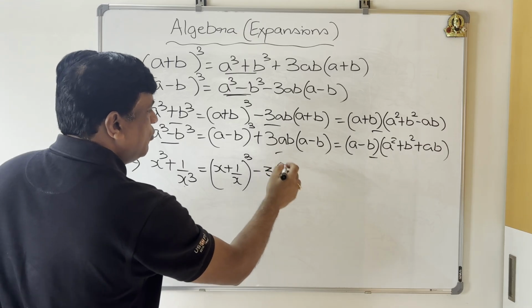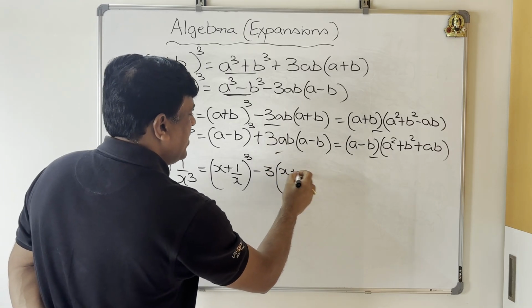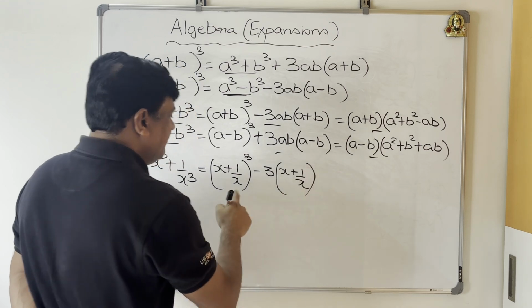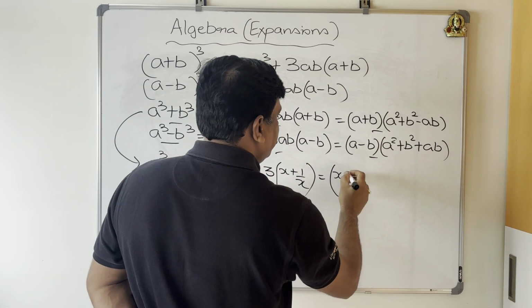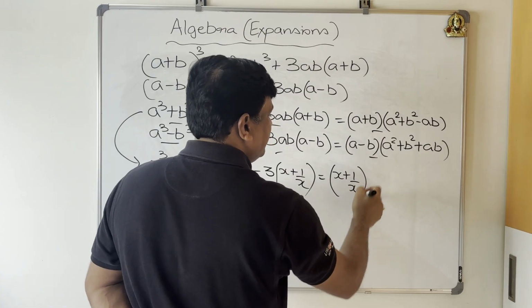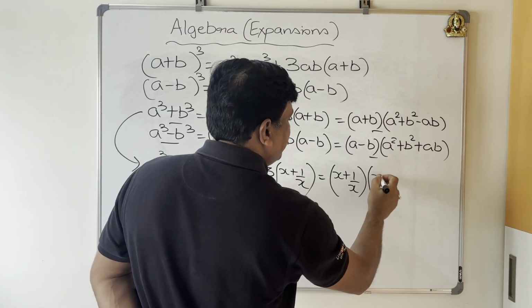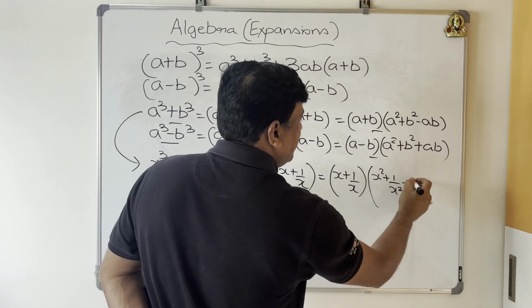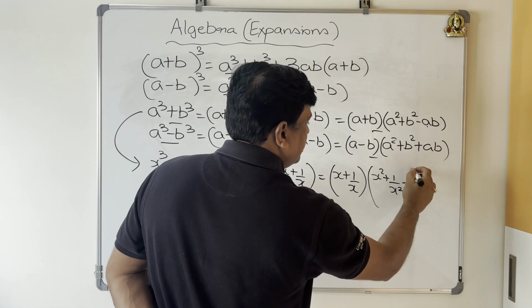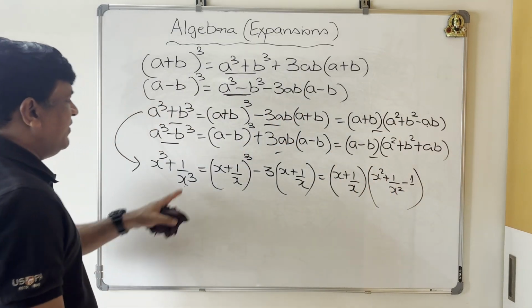You are left with only x plus 1 by x here. And when you put the same thing over here, it becomes x plus 1 by x times x square plus 1 by x square minus 1, remember, because a into b will cancel out.